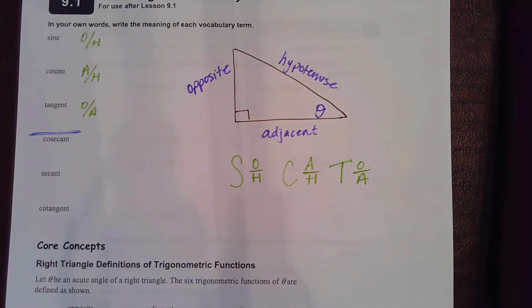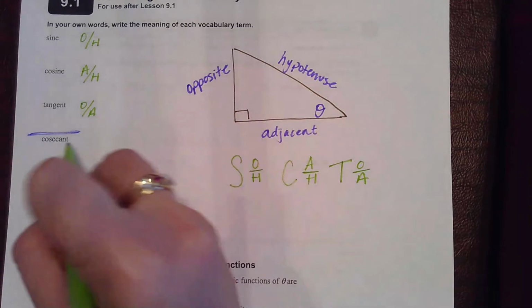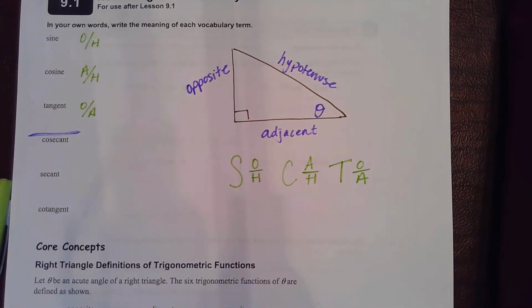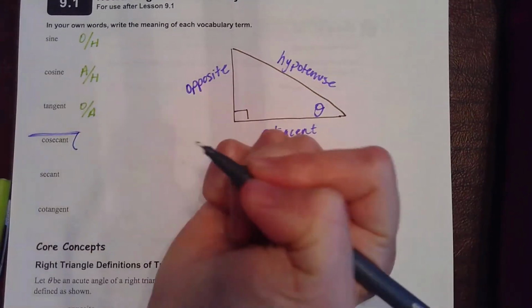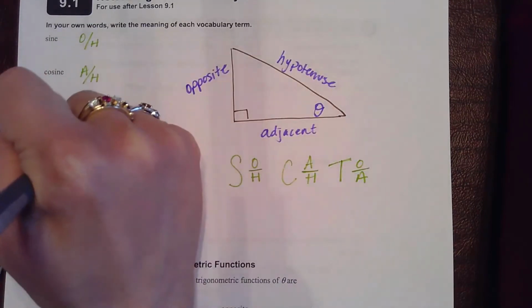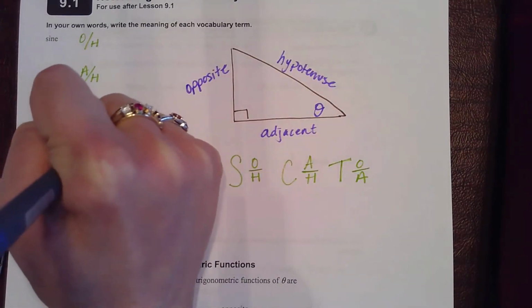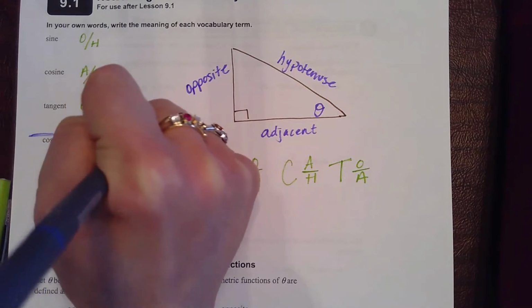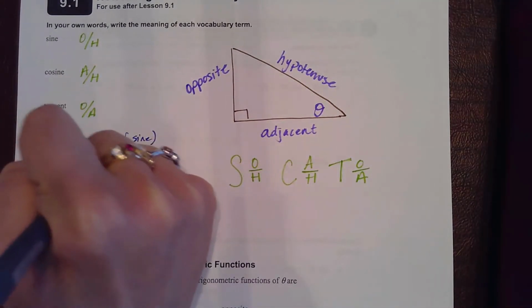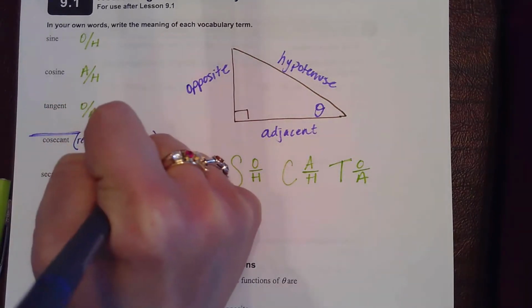What's probably new to you is what we call reciprocal functions, and that's cosecant, secant, and cotangent. What I want you to know here is cosecant, I always call it its cousin, is related to the sine function. It's the reciprocal of sine. Secant is the reciprocal of cosine.